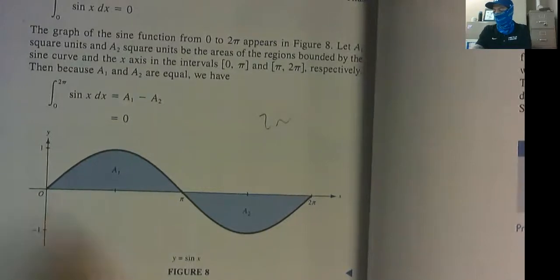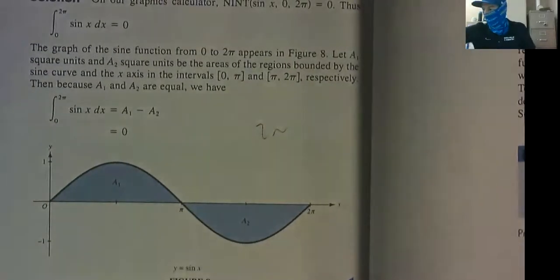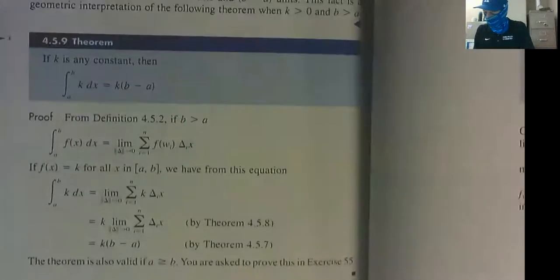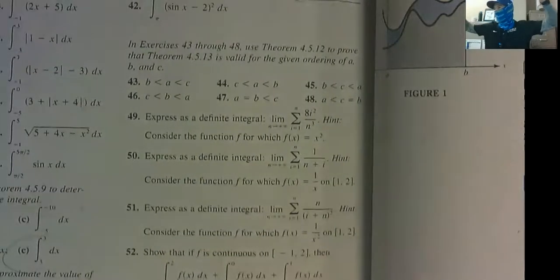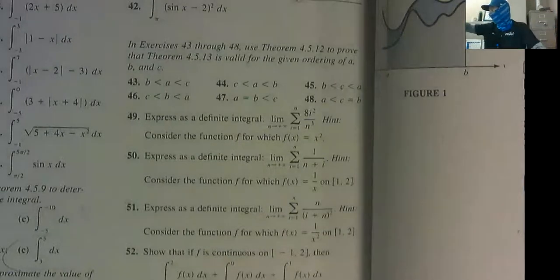So yeah, the cosine, we could draw it here. 27. Yeah, because that's a full cycle of the cosine. That's a period of 2 pi.